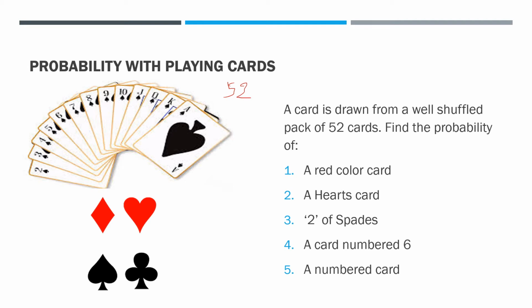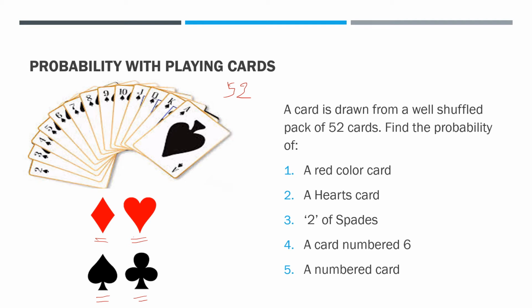In the 52 cards, there are 4 suits: diamonds, hearts, spades, and clubs. And if you notice, diamonds and hearts are red in color, spades and clubs are black in color. In each suit we have 13 cards. Interestingly, the cards are numbered from 2 to 10, that is 9 cards.